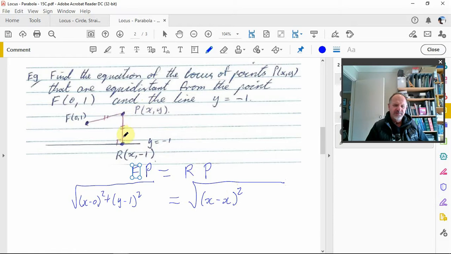We can use x minus x because if that's the perpendicular distance, that's a vertical line, and a vertical line has the same x value at both of those points.